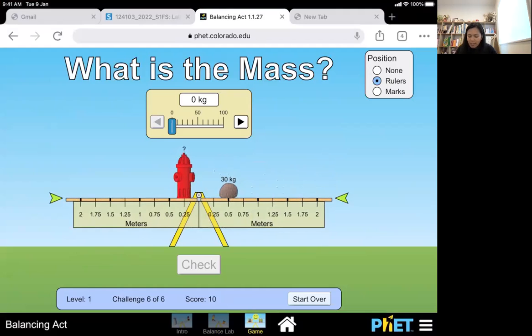So what do you think is the mass of this mystery object? 15 kilograms. Okay, let's try 15 kilograms.